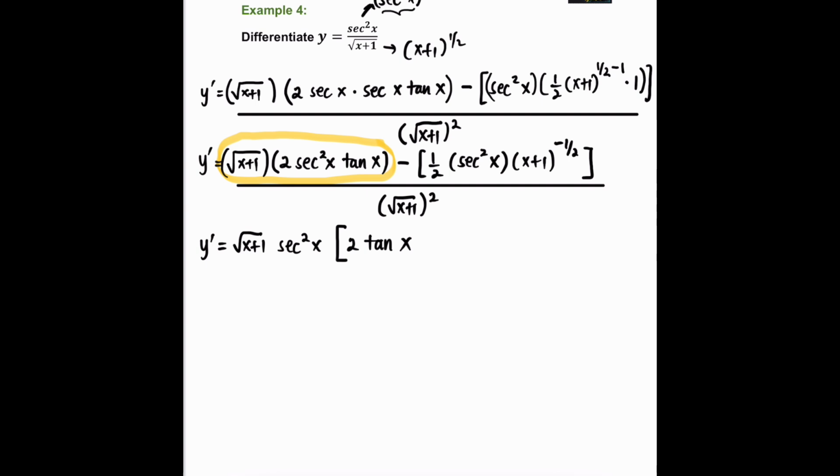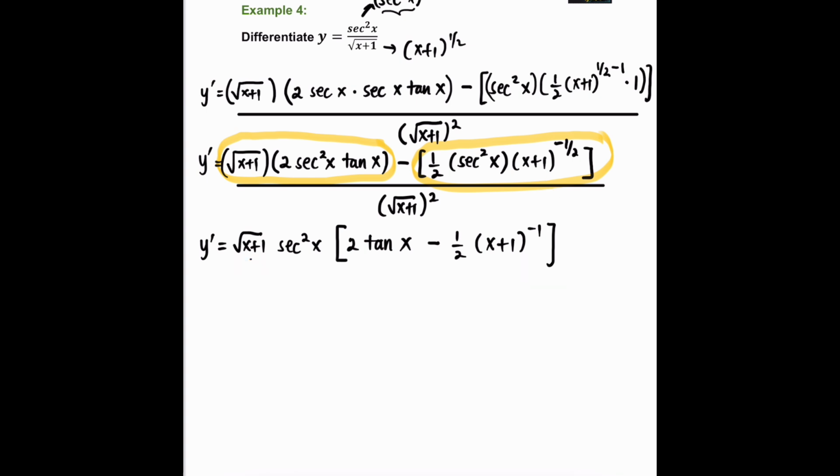And taking out square root of x plus 1 and secant squared x from this term, so remember the negative sign here, we will be left with 1/2 and x plus 1 to the power of -1. Because if we multiply this and this one, if we're doing the reverse process, we will be arriving at this product.